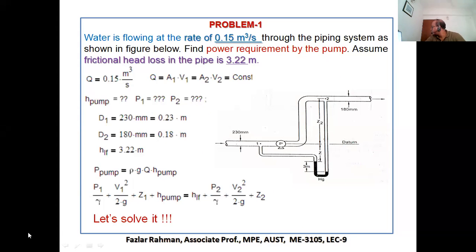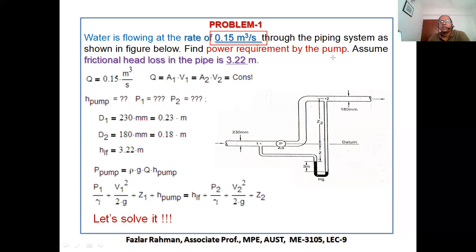Okay, now we'll solve this problem. You see that it's saying water is flowing at a rate of 15 meter cube per second. So obviously this value is given to you as Q, meter cube per second, through a pipe system as shown in the figure below.